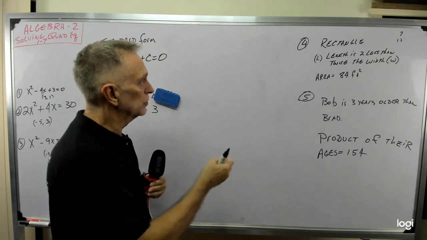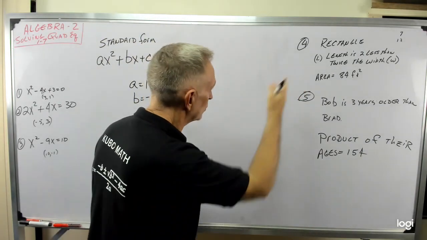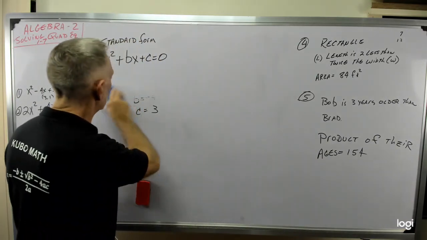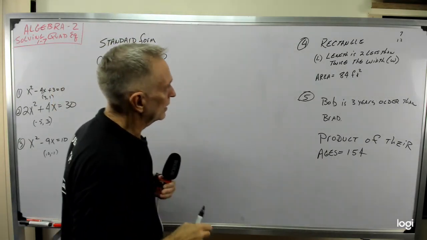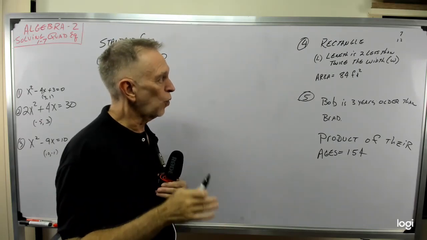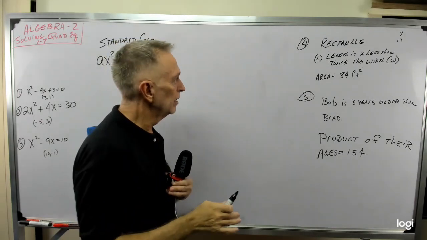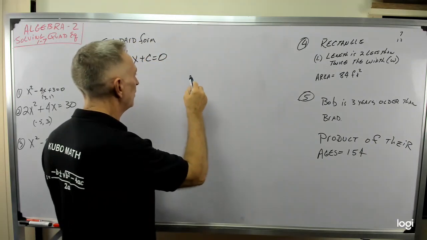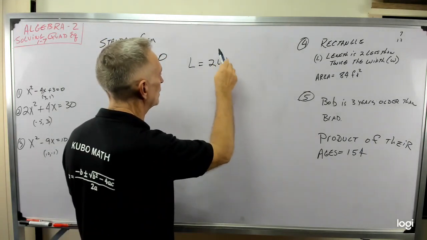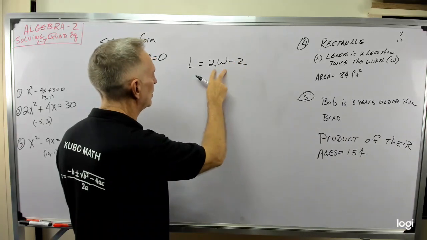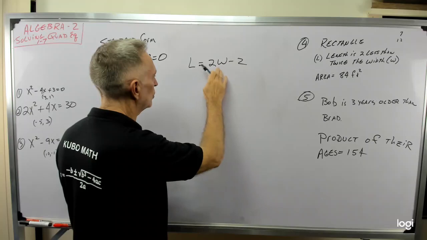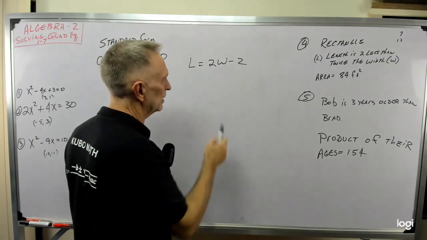So it becomes a word problem. So in this case, we have a rectangle that its length is 2 less than twice the width. So the length is L, and it's 2 less than twice the width. So W equals the width, but the length is 2 times the width minus 2, and this is in feet.